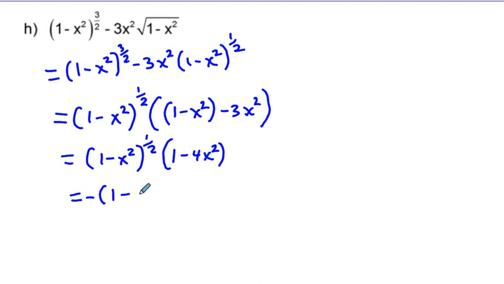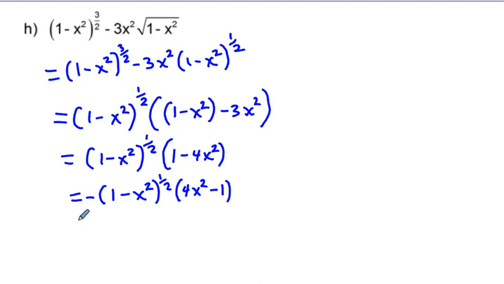We have 1 minus x squared to the 1/2 power, and then we're going to have negative times negative 4x squared is going to be 4x squared, and then we're going to have negative times 1 is negative.